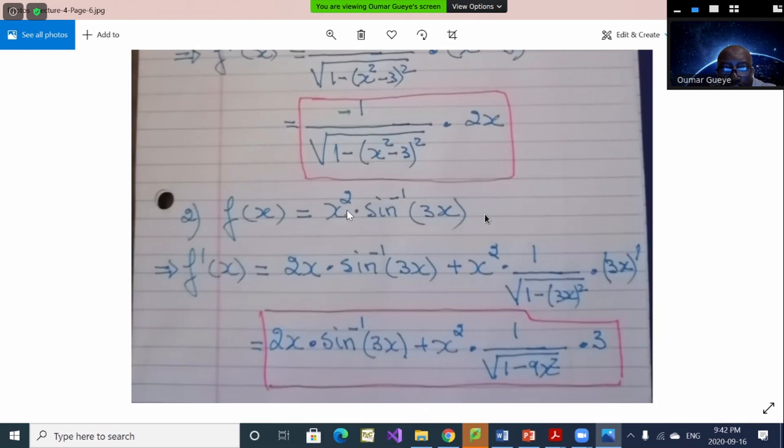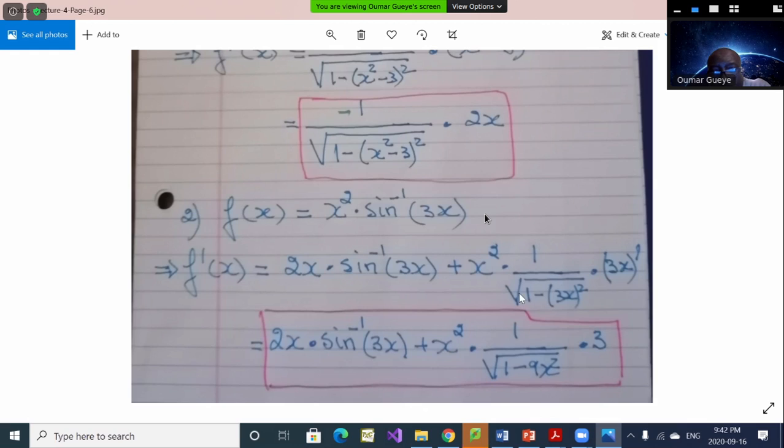So when you differentiate x squared, it becomes 2x times the sine inverse, plus now x squared times the derivative of sine inverse. And to differentiate sine inverse of 3x, you apply this formula number 1 when x is replaced by 3x.